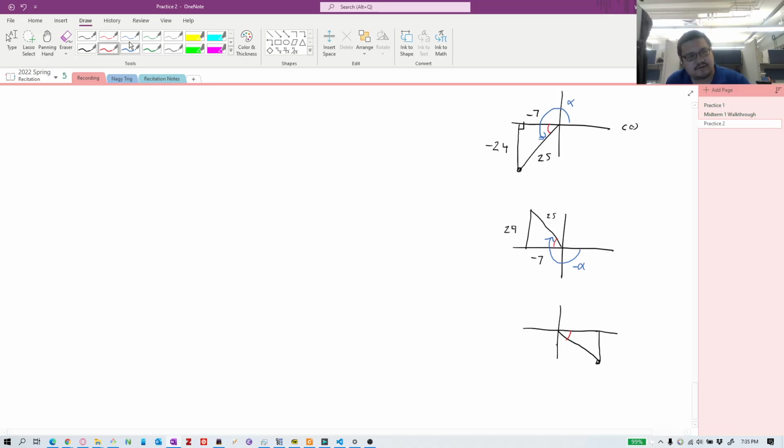I don't really like this, but if you actually are careful about the direction, this would be pi minus alpha. If your alpha is going this way, you end up going the other way. Then you add pi to it.